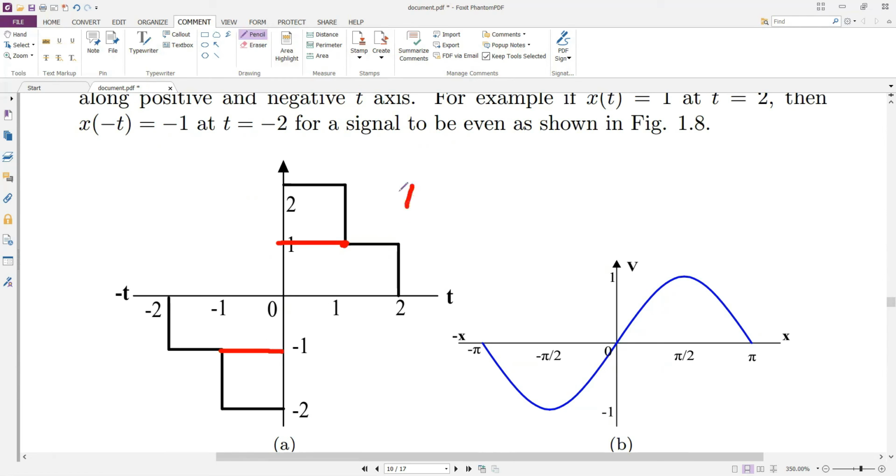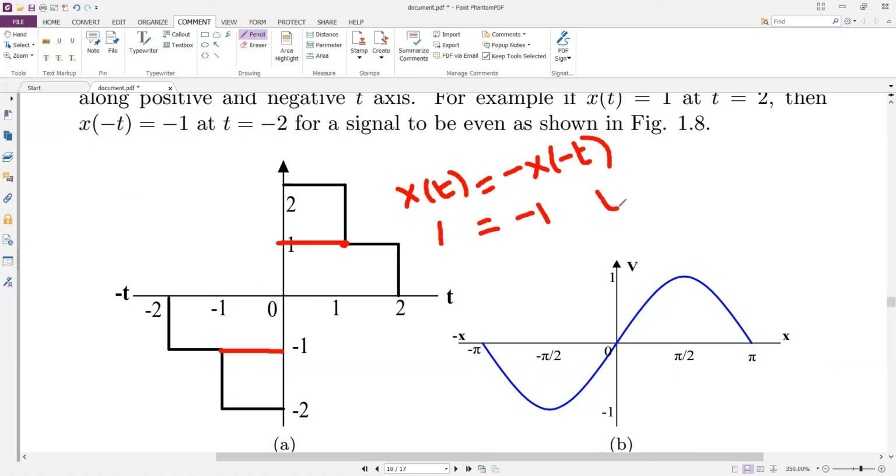So we can simply write that x of t is equal to minus x of minus t. For example, for t is equal to 1, the signal has a value of 1. Similarly, at t is equal to minus 1, the signal has a value of minus 1.